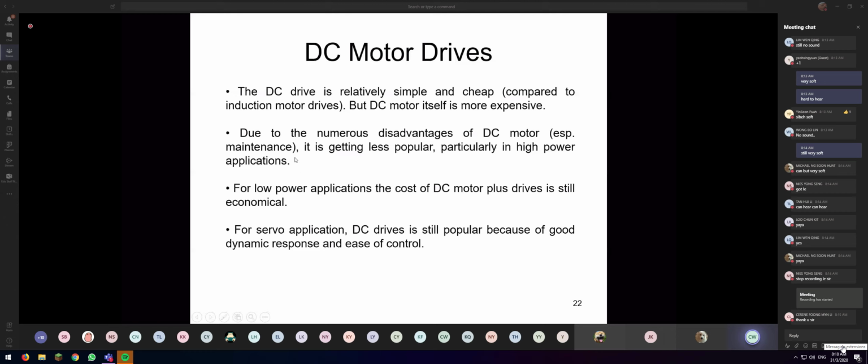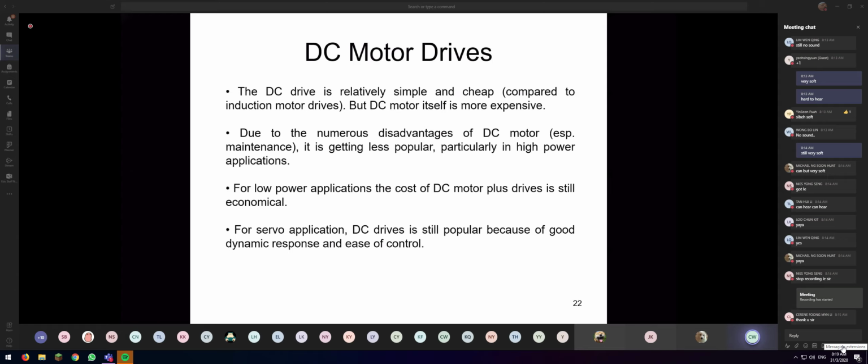Due to the numerous disadvantages of the DC motor, because the DC motor has much lower efficiency compared to the AC motor, especially in high power applications, nowadays people are not using the DC motor in high power applications.